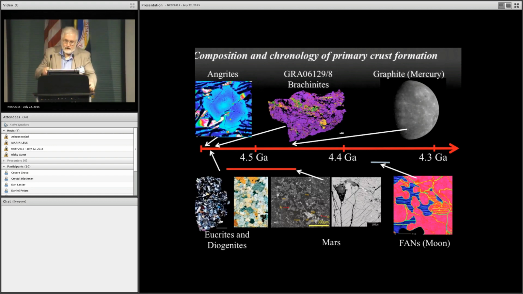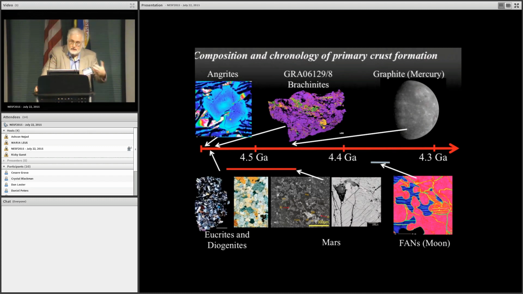Also shown here are potential primary crusts on other bodies, such as has been proposed from the MESSENGER data, graphite perhaps making up the primary crust or being a component of the primary crust on Mercury.